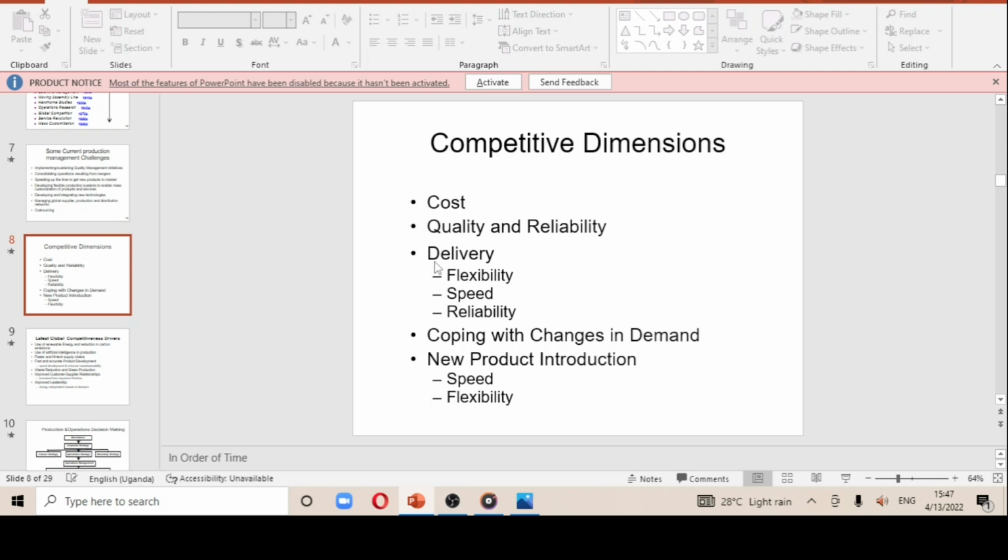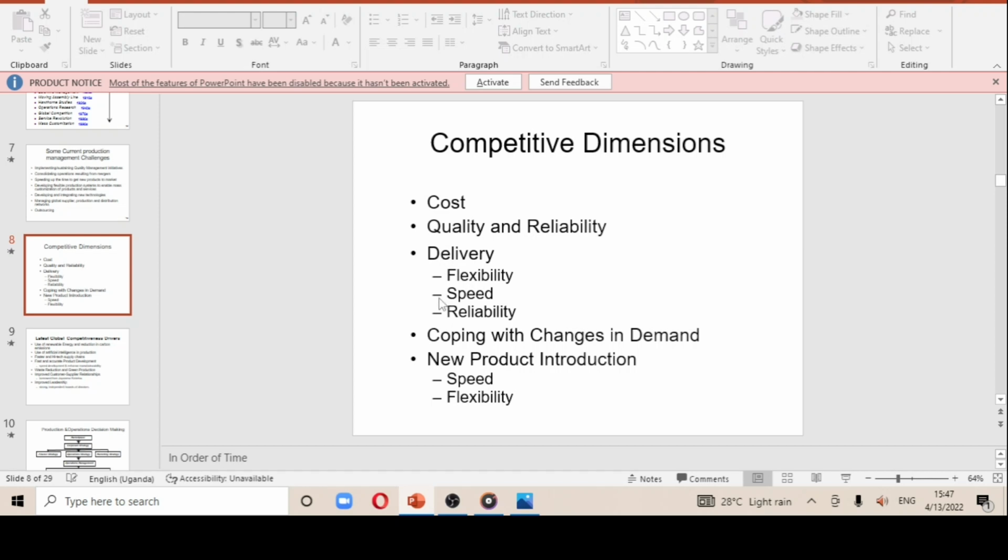Then we're having the speed. How long does it take to reach the customer? If they make an order with me, what is the period for me to supply them the product? Is it going to take so long, months, or is it going to take days? So these are all competitive dimensions.